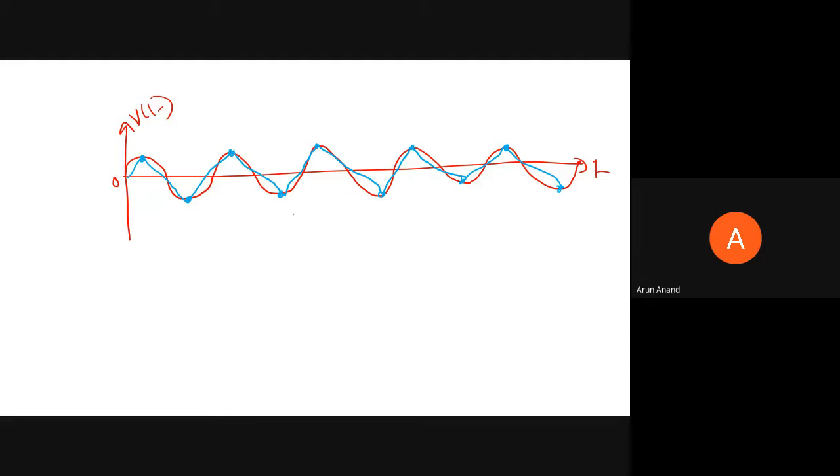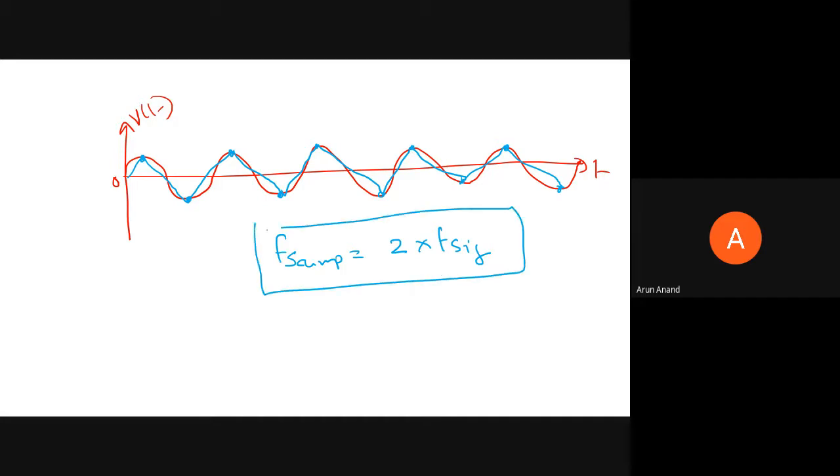So in this case, we are sampling it twice in a cycle. So your sampling frequency, I'll write f sample, is equal to twice the frequency of the signal. This red is your signal. Then the frequency of the signal is measured correctly.